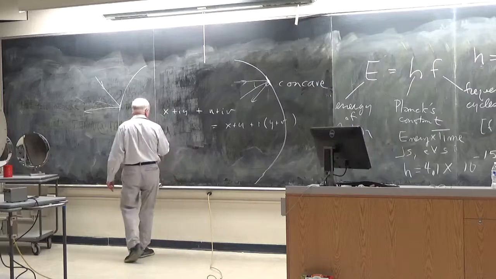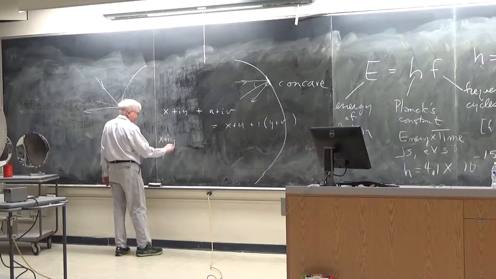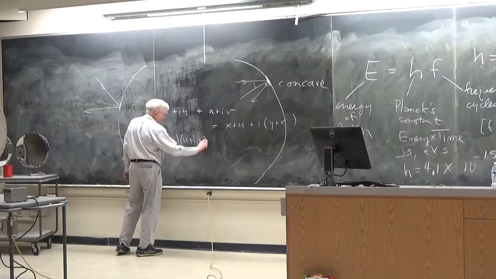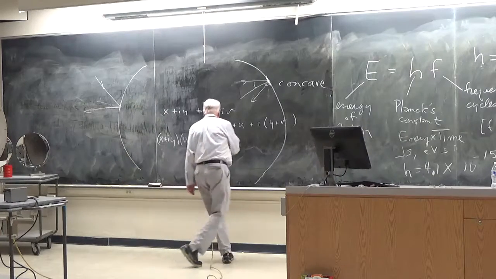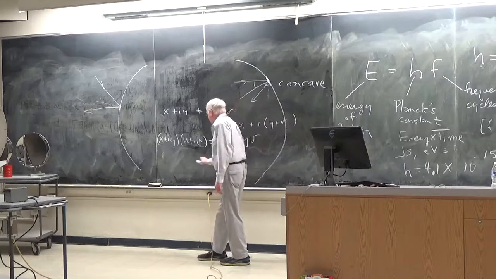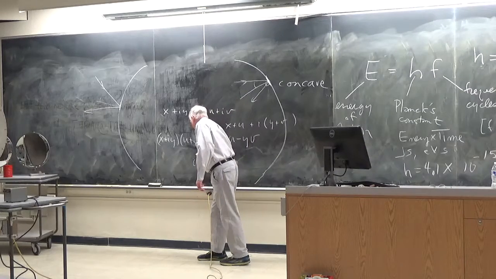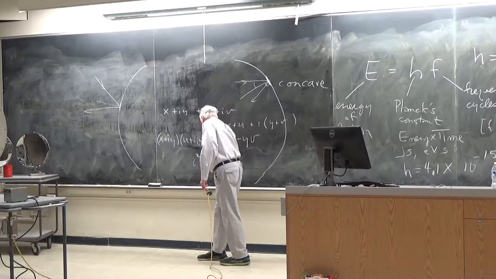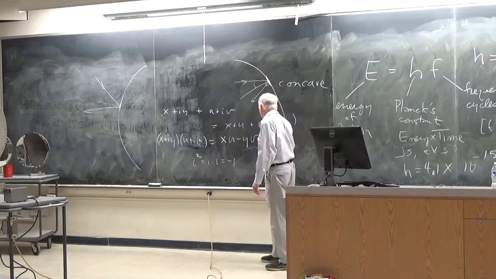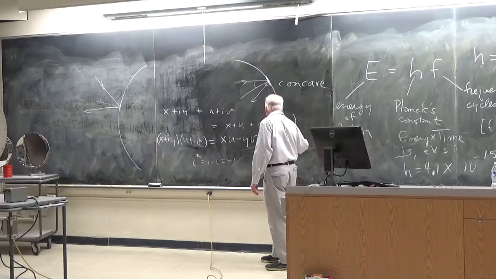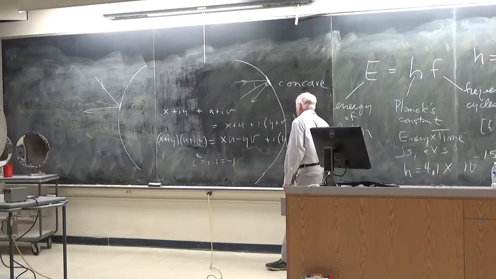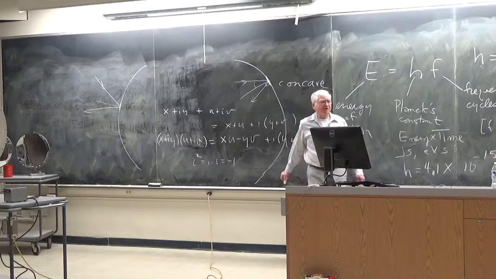And if you multiply two complex numbers, then what you get is xu minus yv, because i squared, i times i, is minus 1. And then you get i times yu plus xv. So that's how complex numbers work.